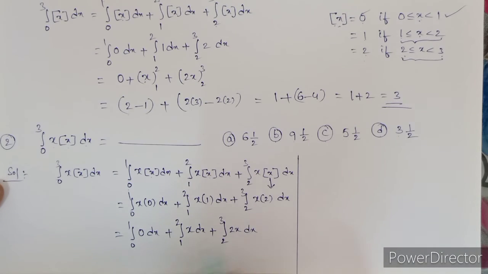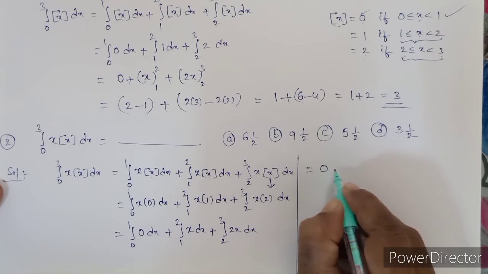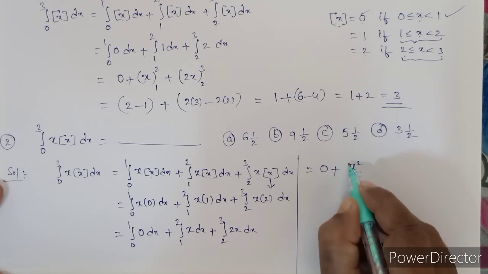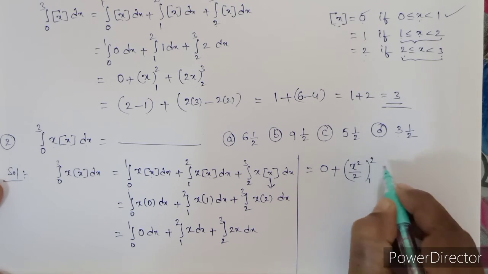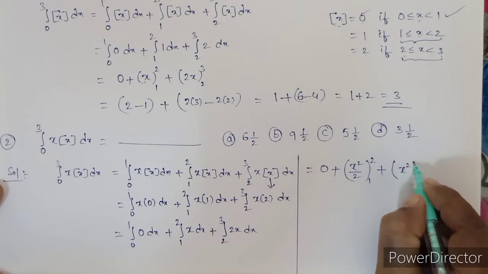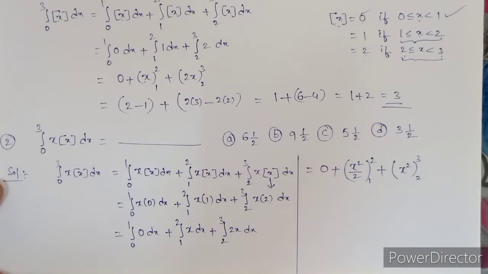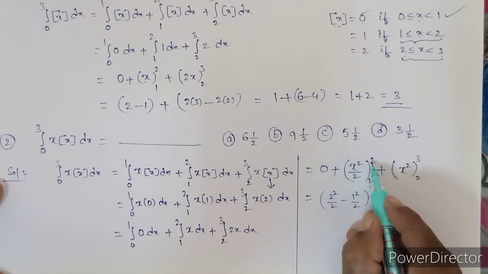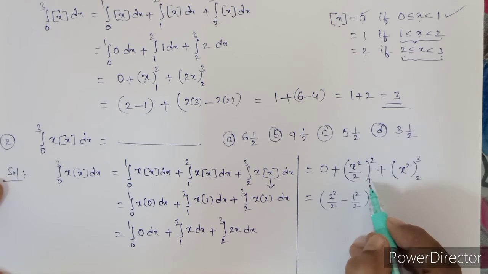Definite integral of 0 is 0. Integral of x is x square by 2, limits 1 to 2. Integral of 2x is x square, limits 2 to 3. Now by using the fundamental theorem, upper limit minus lower limit. In place of x, first we write upper limit, next in place of x we write lower limit.